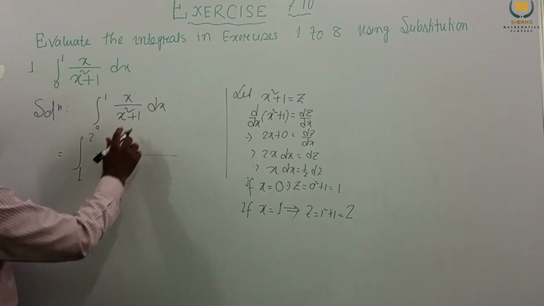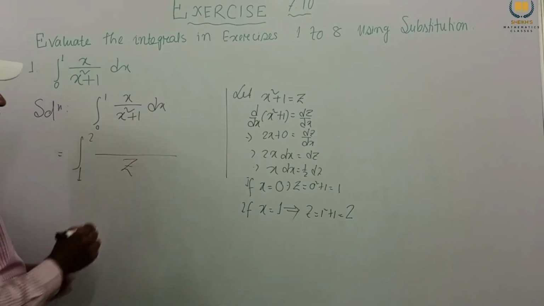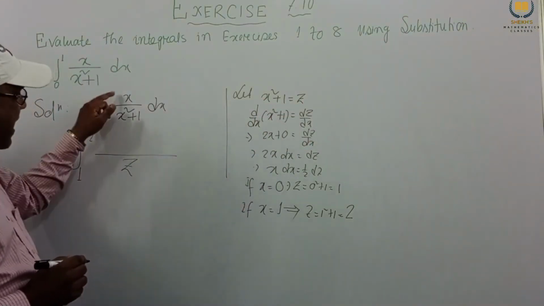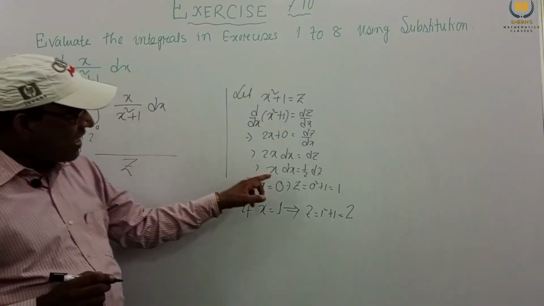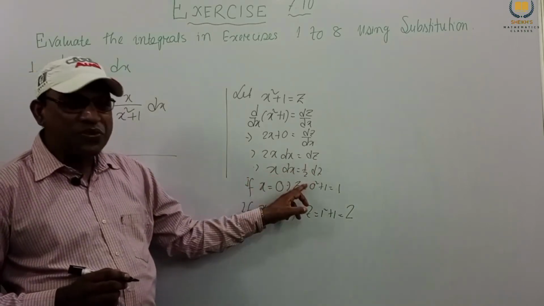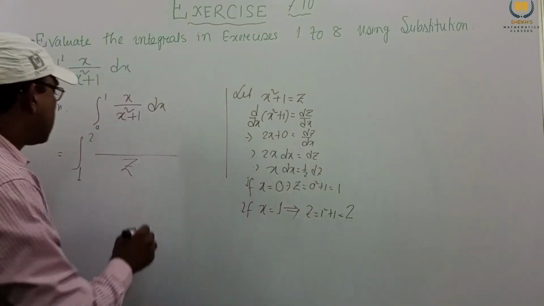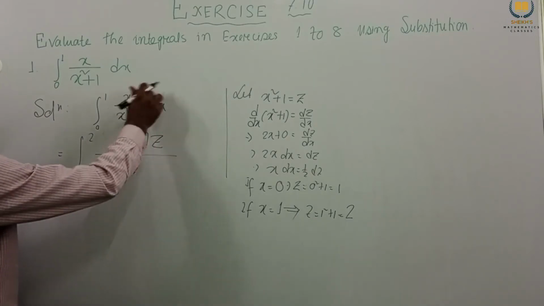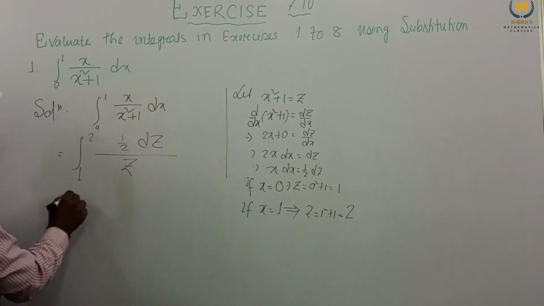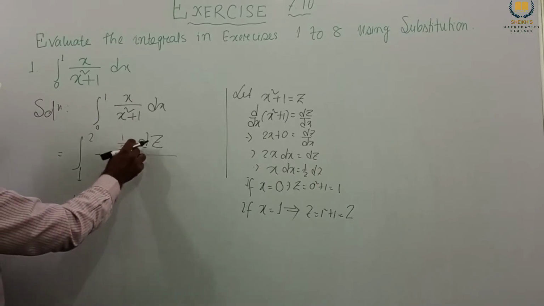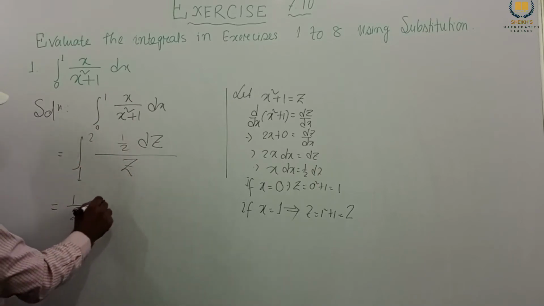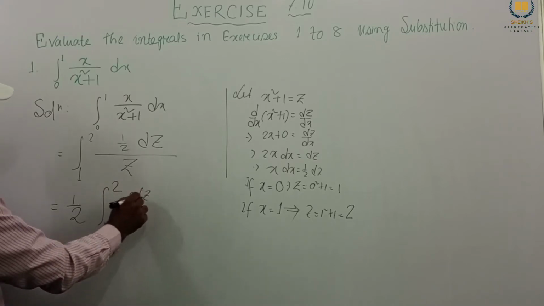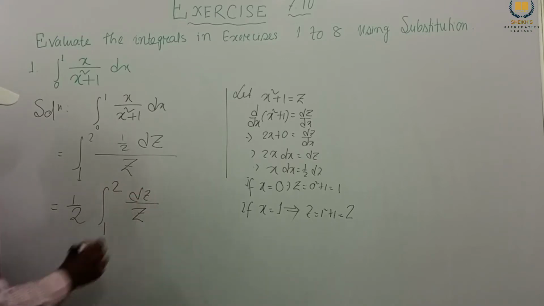This denominator we consider z, because x square plus 1 we consider z, and x dx is 1 by 2 dz. 1 by 2 is a constant, so its position is outside the integration: 1 by 2 times the integral from 1 to 2 of dz by z.